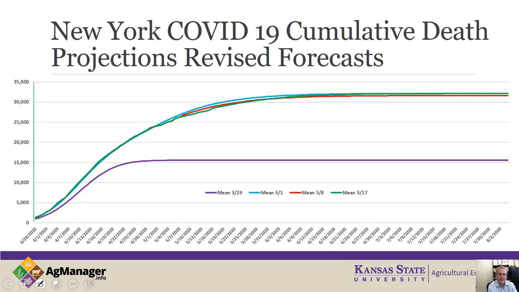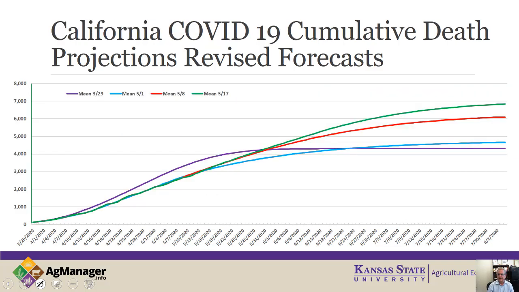Again, New York, the original model was 15,000. Essentially, the more recent models are up over 32, 33,000.